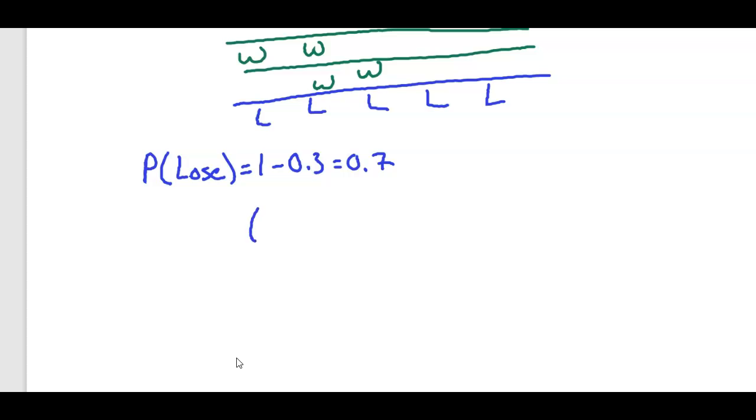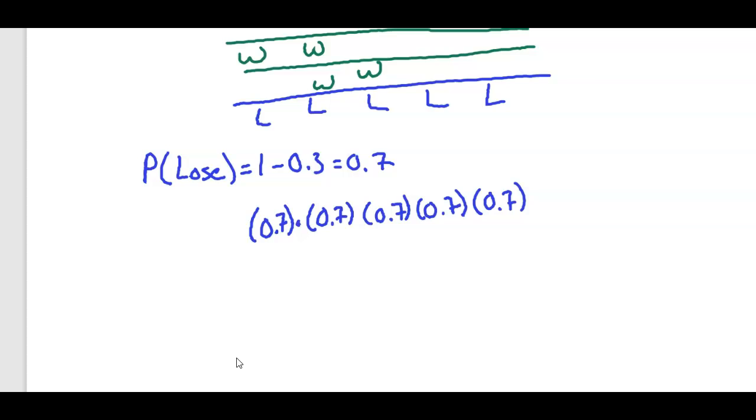So I'm going to take 0.7 for day 1, 0.7 for day 2, 0.7 for day 3, 0.7 for day 4, and 0.7 for day 5, because I want him to lose each of those days.